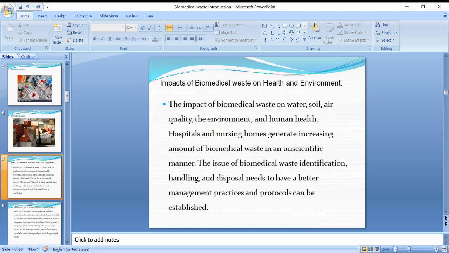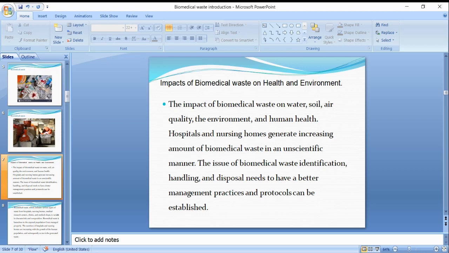The first thing we have to do is identify the biomedical waste, then handle it, and lastly dispose of it. These are the major issues we have to think about.